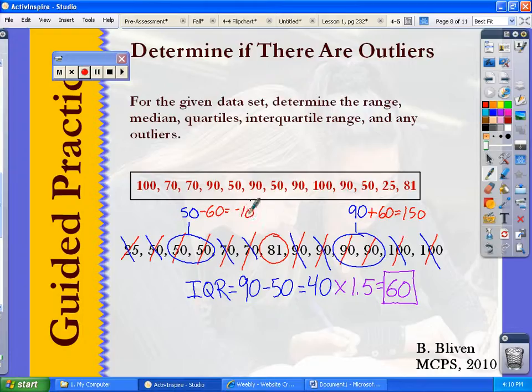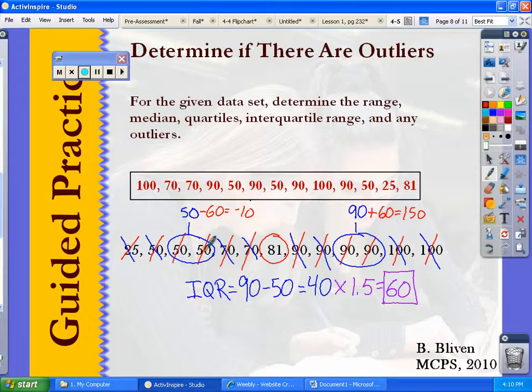Using these new numbers, I'm now going to try to determine if there are outliers. The number 90 plus 60 equals 150 tells me there is an outlier if a value is greater than or equal to 150 within the data set. Examining our data set, I can see that there are no numbers that are equal to or greater than 150.